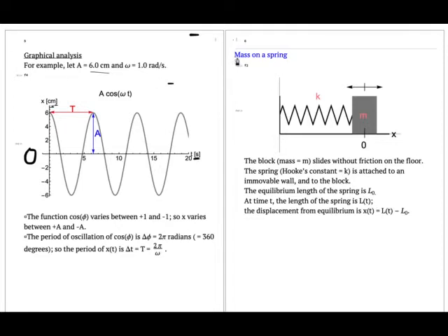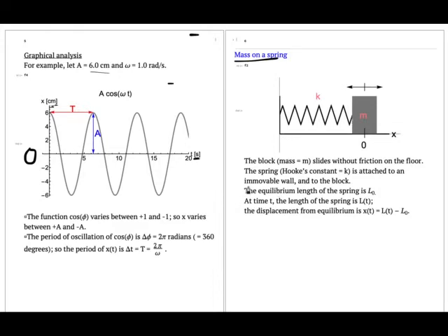And that has simple harmonic motion. So, the mass on a spring. The block, let's say the mass is m, slides without friction on the floor. The spring, let's say it has Hooke's constant k, which is a measure of the strength of the force that it exerts, is attached to an immovable wall and to the block.